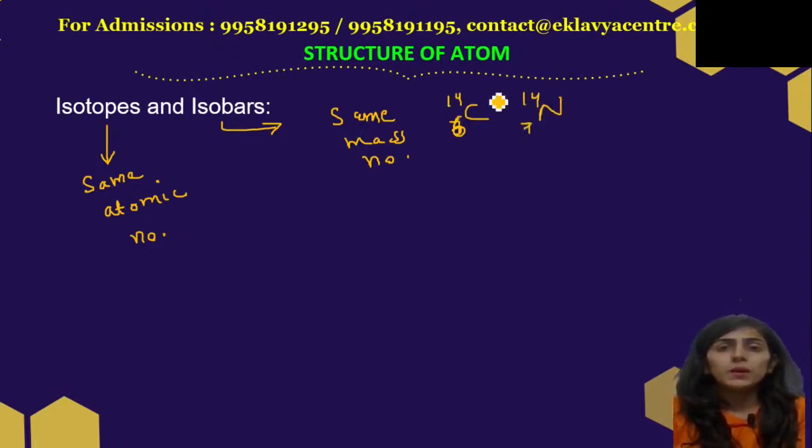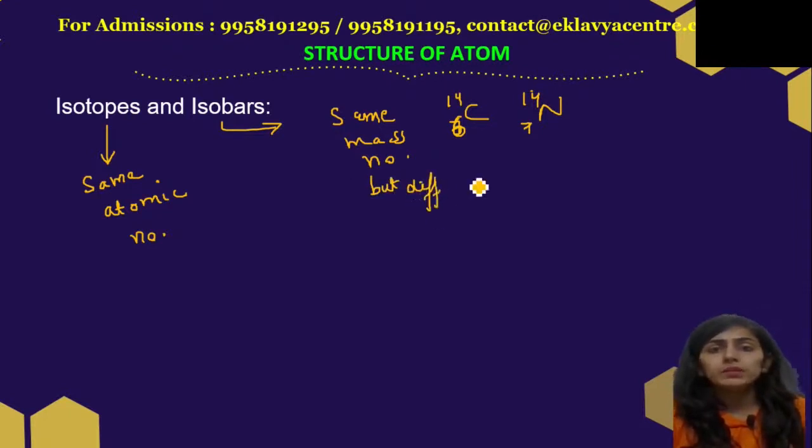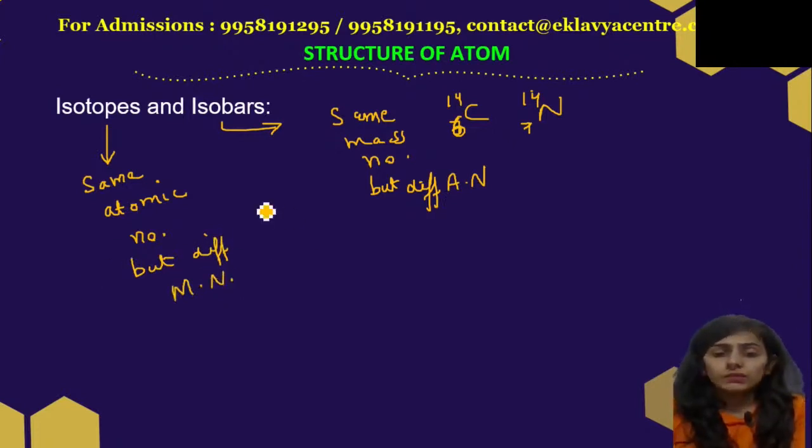Here the mass number is the same, but the atomic numbers are different. Similarly, for isotopes, we have the same atomic number but different mass number. Right? For example, we have hydrogen, right?